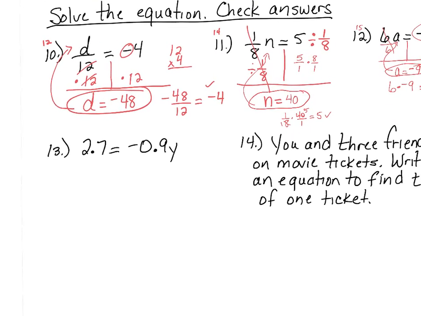Number 13 is your number 17. And it says 2.7 equals negative 0.9y. We're going to put our wall up. They're multiplying by negative 0.9, so we're going to divide both sides by negative 0.9.